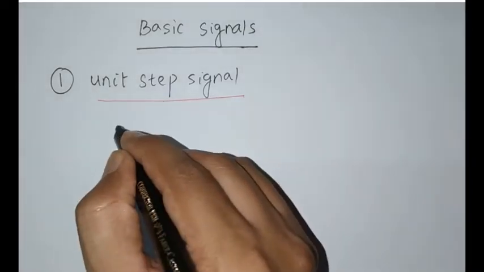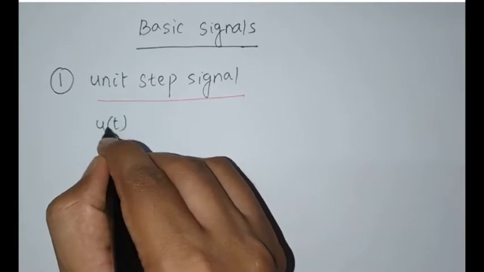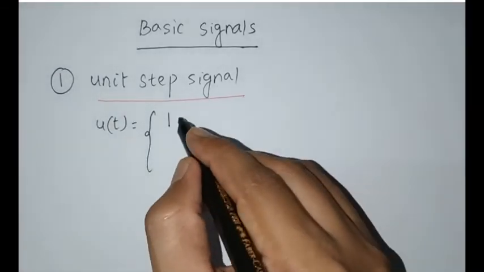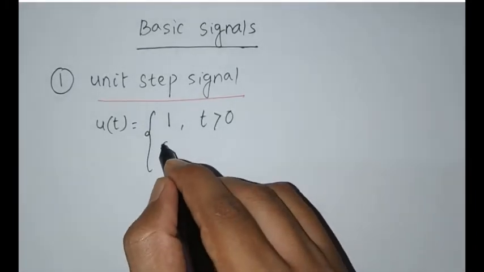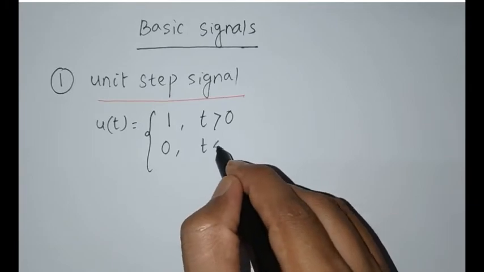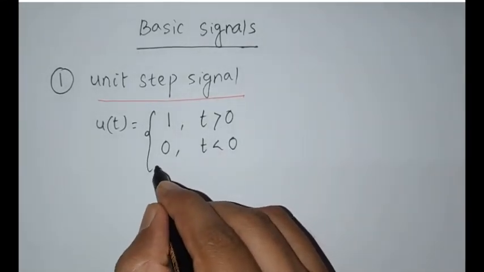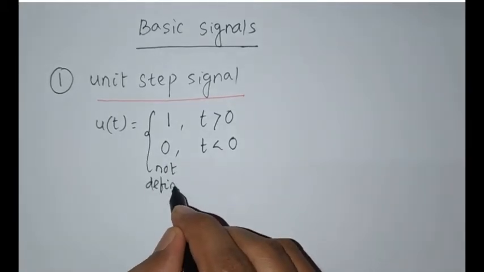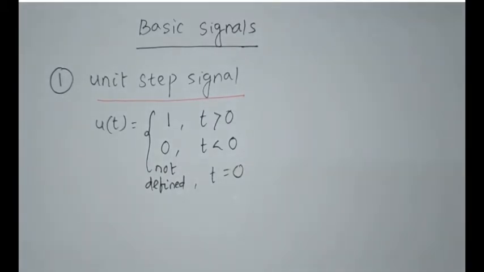The unit step signal is defined by u of t equals 1 for t greater than 0, 0 for t less than 0, and it is not defined at t equals 0.